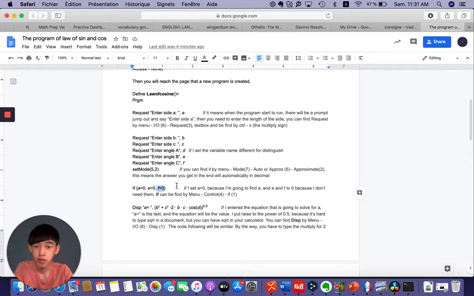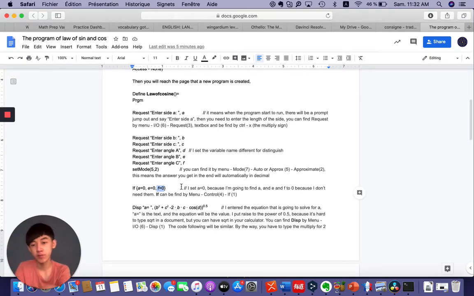This is because when you use the cosine rule, it's usually side angle side, so there are two sides you don't need to find.